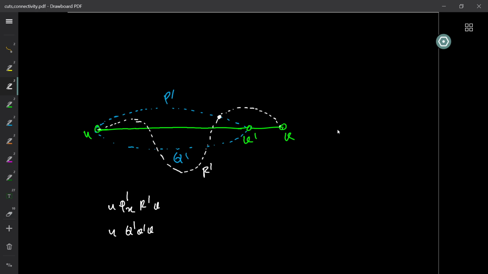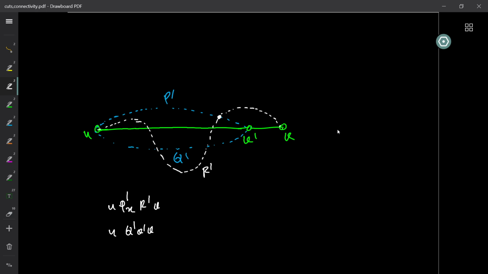What we are going to do is use induction on the distance between U and V. The base case is when the distance is 1, and we have already done that, because that's an edge between U and V. Then we can assume that for any distance less than some fixed k, the result is true.